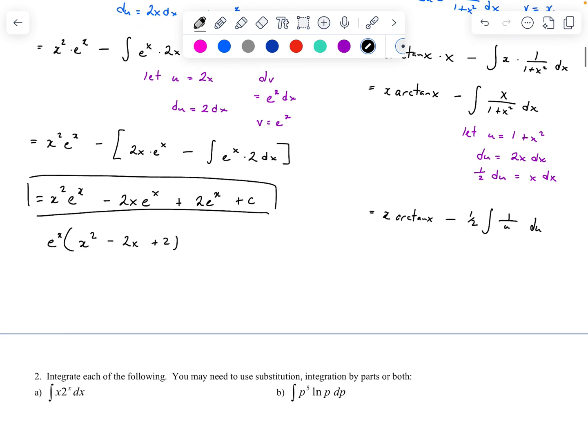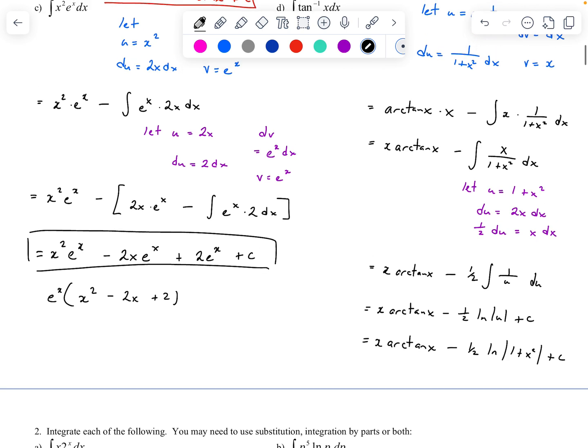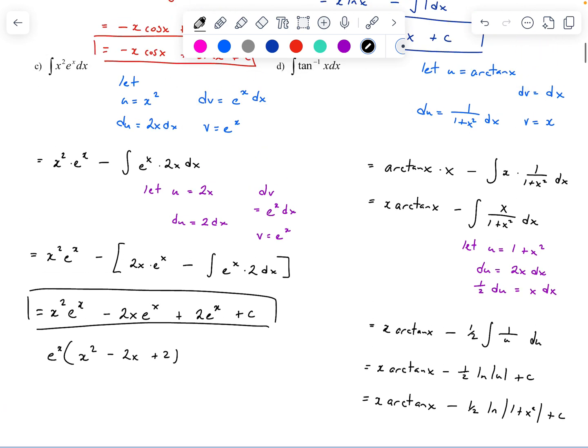And the integral of 1 over u is ln absolute value u. Technically, these absolute values are unnecessary because 1 plus x squared has to be positive, but I'm going to include them.